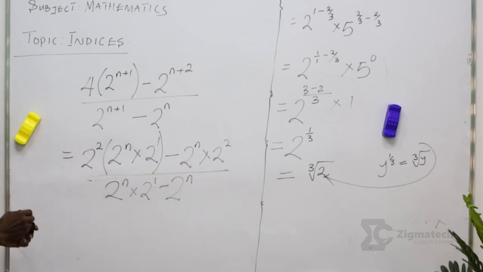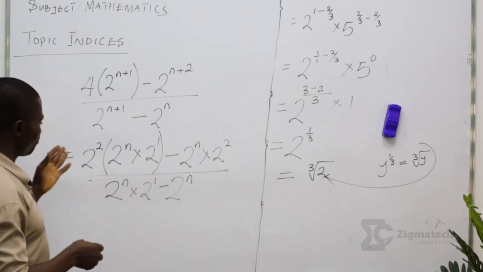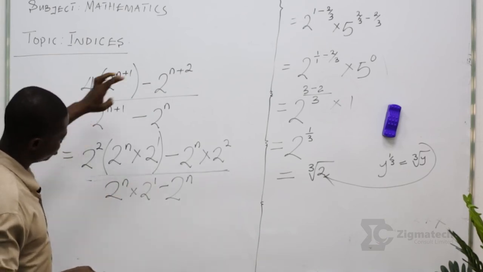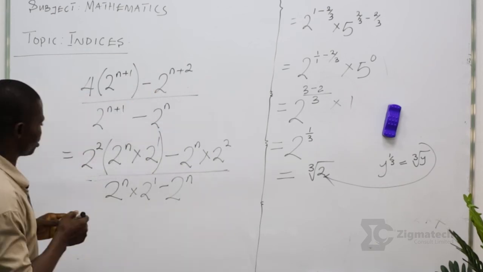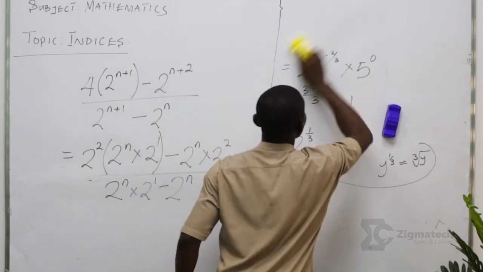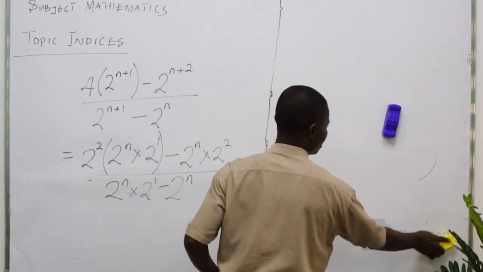The next thing we are going to do is factor out, that is, we are making use of what? Factorization. You watch very well. I have 2 raised to the power 2. We still have 2 power 2, 2 power n, 2 power n. Meaning, let us factor out the ones that are similar or related to each other.